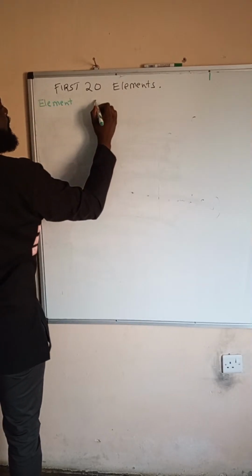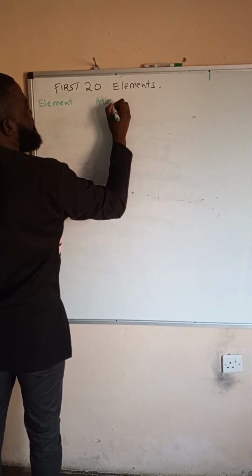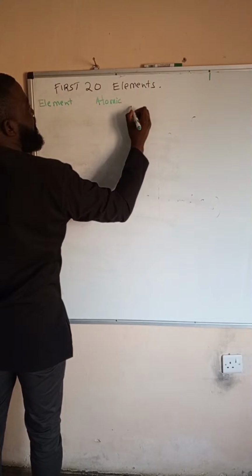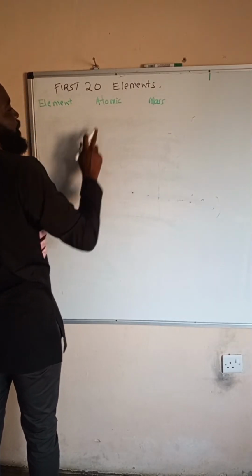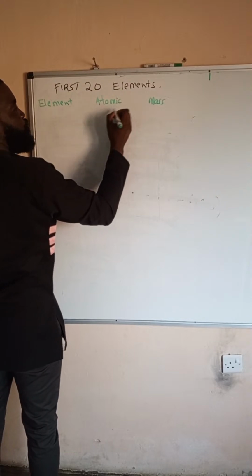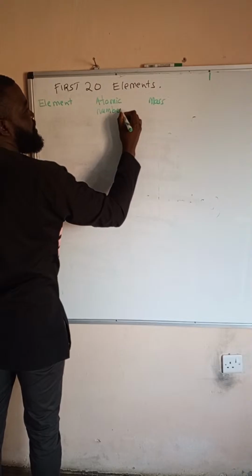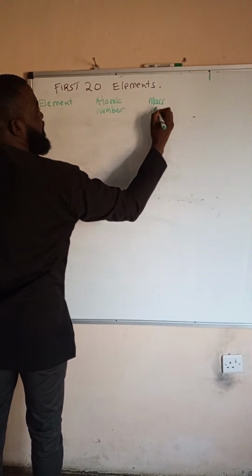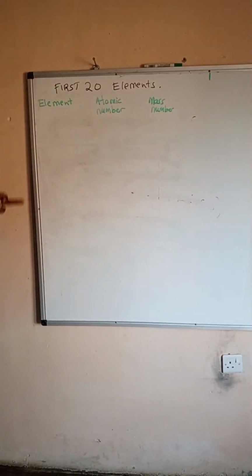Here I'll put atomic number. Here I'll put mass number. When I say atomic number, I also mean proton number. I think I've explained this. Mass number is neutron number. I told you the other name.